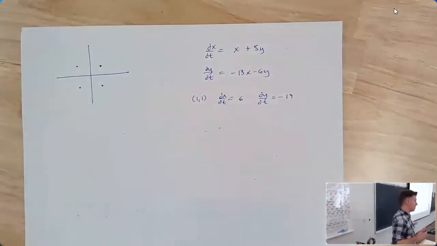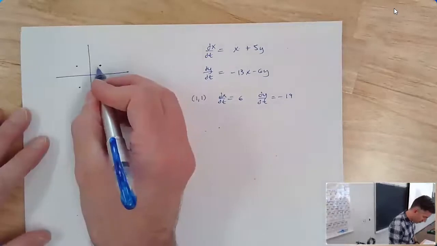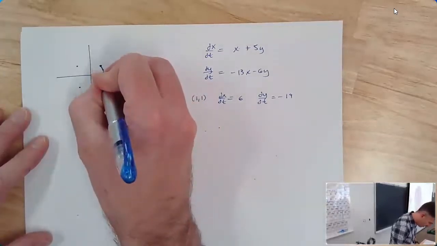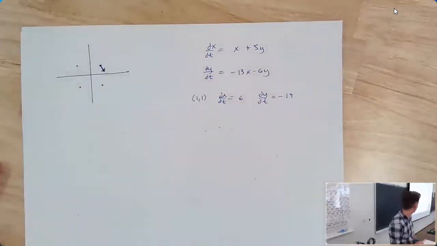We're going in that direction, meaning we're going about 3 times as much down as we are going over. So I'm going to go a little over and more down. So I'm kind of pointing that way. And just from that, I could probably convincingly say we're going clockwise.